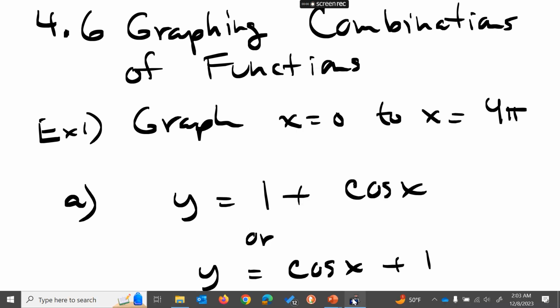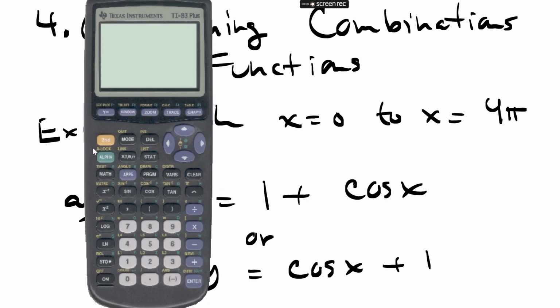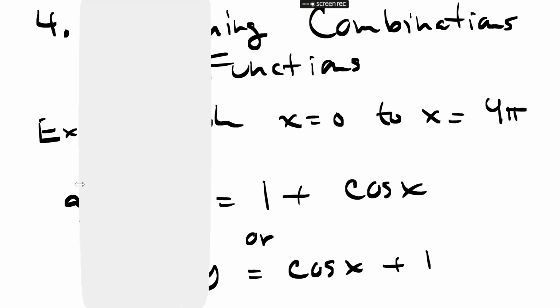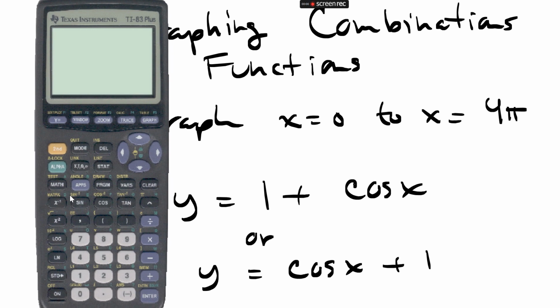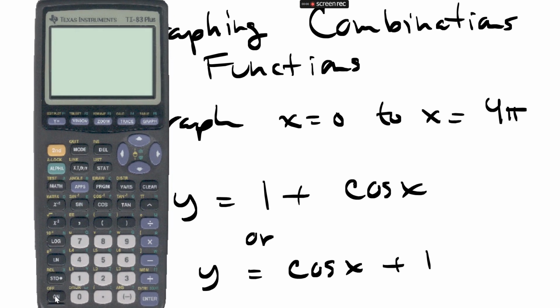I'm going to go show toolbar. I'm going to jump to this guy here, and here is my calculator. All right, so get out your calculators here, turn them on. First things first is notice the mode that you're in. So 0 to 4 pi.